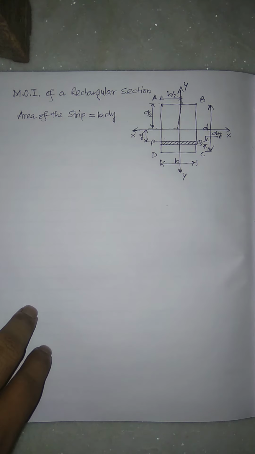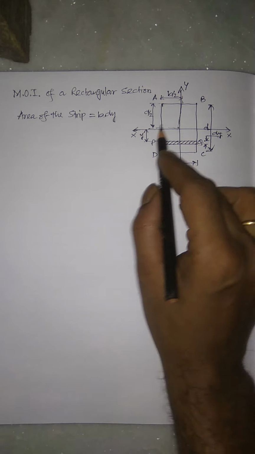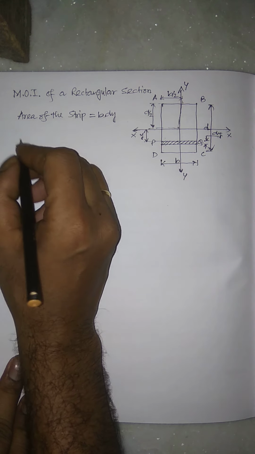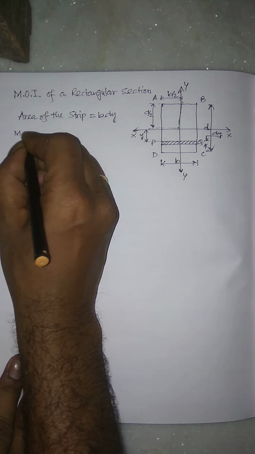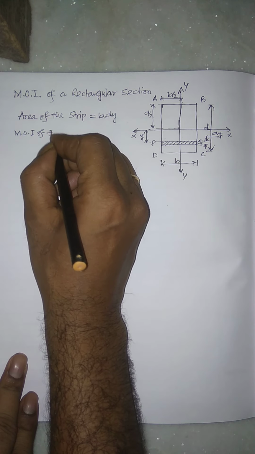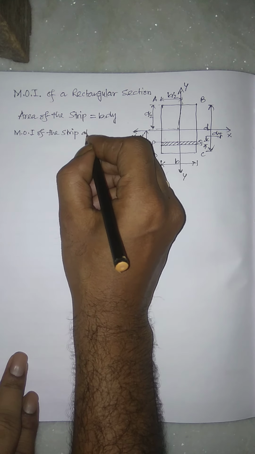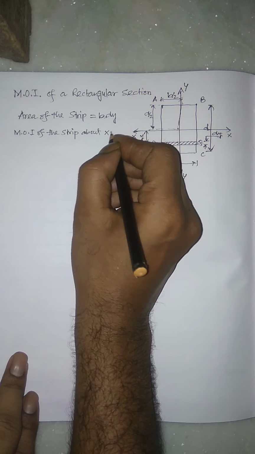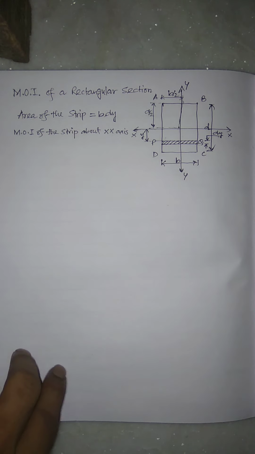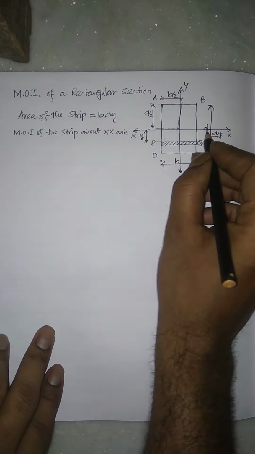Now the moment of inertia of this strip about the x-axis should be area multiplied with the square of the distance from the axis.